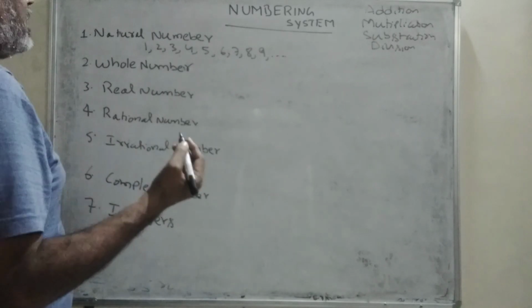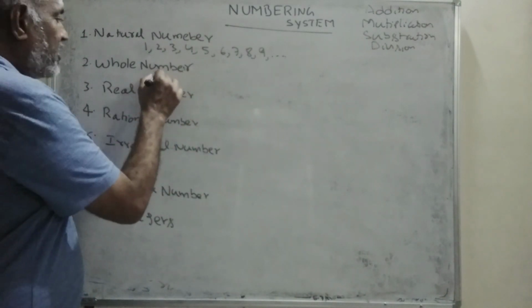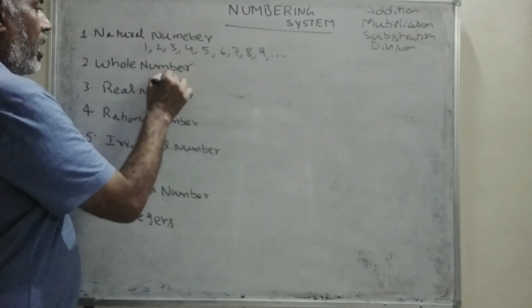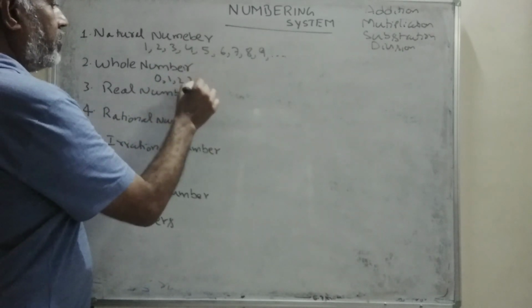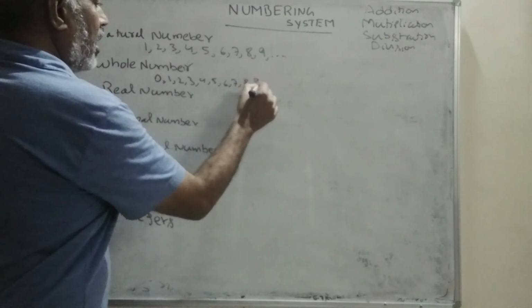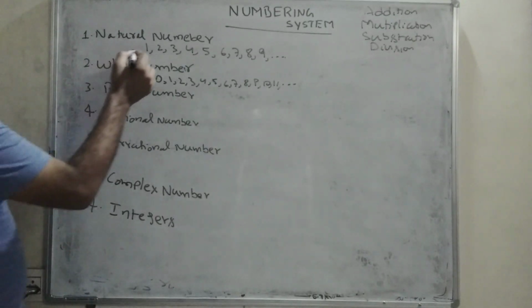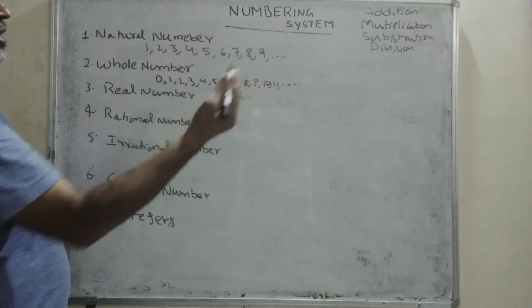Okay, but if the system begins with 0 and keeps on going, and so on, it is called a whole number. So this is something related to counting, and this is something related to measurement.